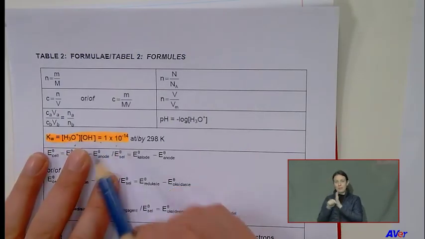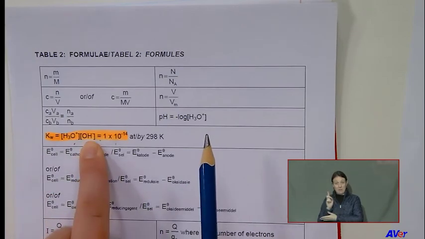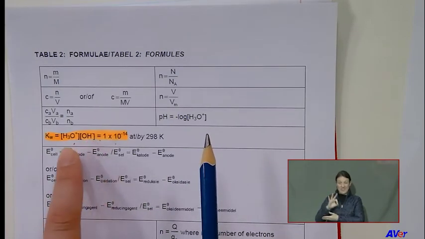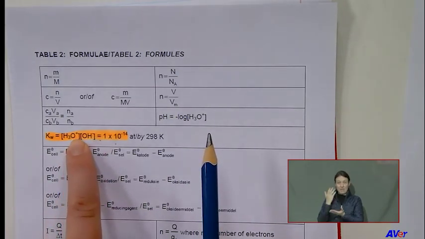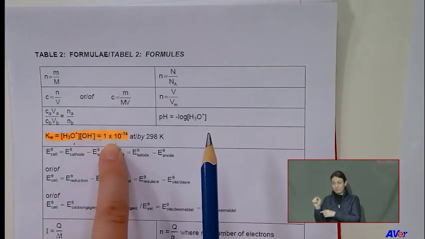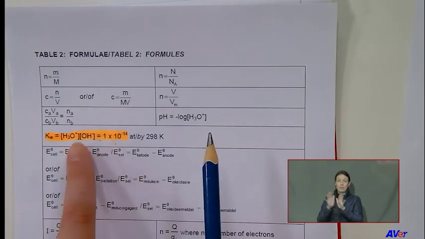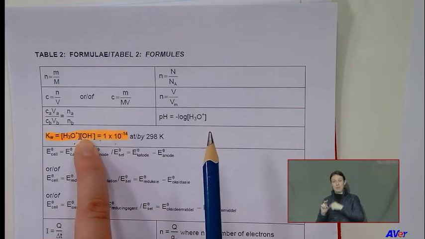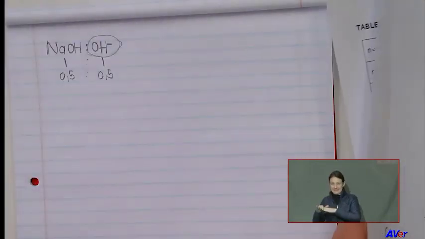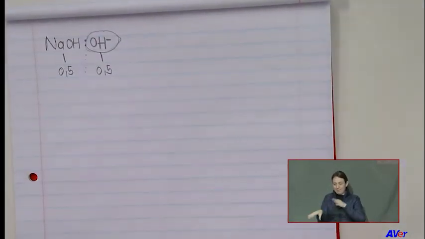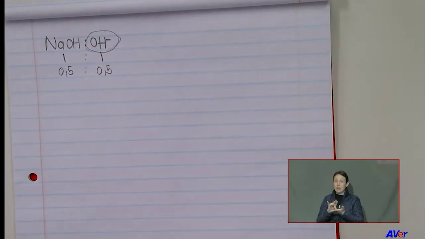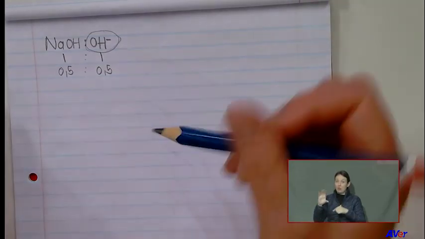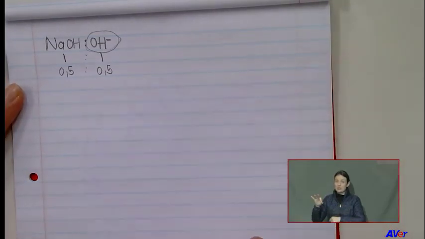Which means, if I have the concentration of hydroxide, I can calculate the concentration of hydronium, because it's going to be 1 times 10 to the power of negative 14 divided by the concentration of the hydroxide. So when you have to calculate the pH of a base, you have an extra step. You need to first calculate the concentration of the hydronium before you can go to your pH formula. Happy with that?